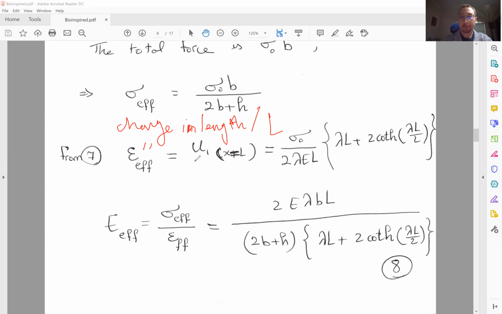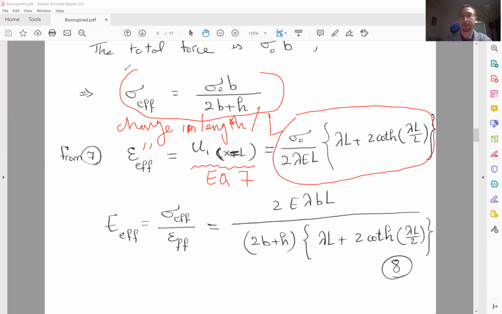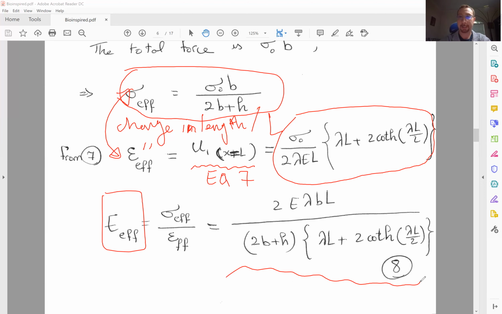The farthest point of the tablet moves by this amount, and I can calculate that from equation 7. That allows me to calculate the effective strain in the tablet caused by an effective stress. The ratio of these two will give me the effective stiffness, which we can easily calculate, and it's shown in equation 8.